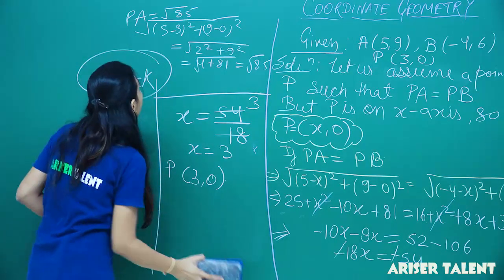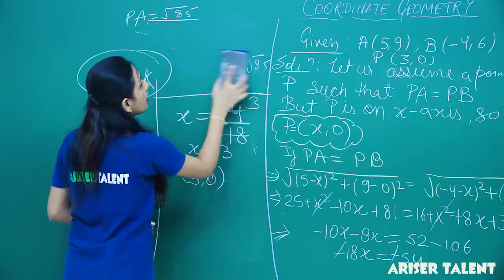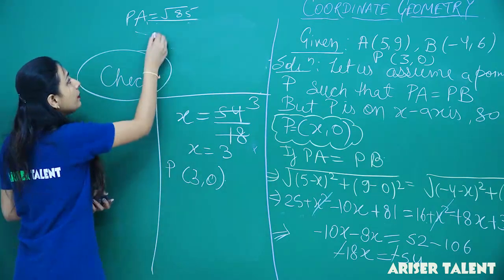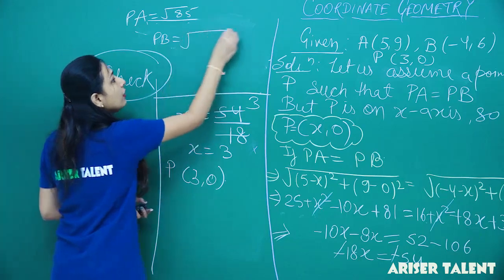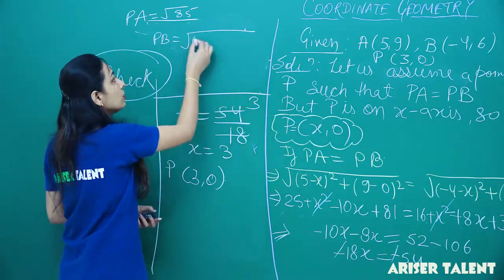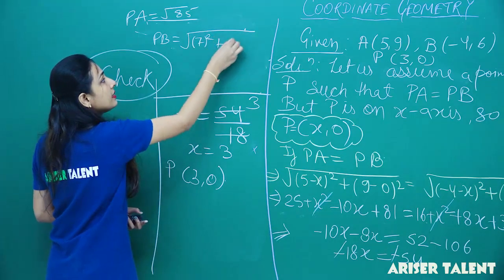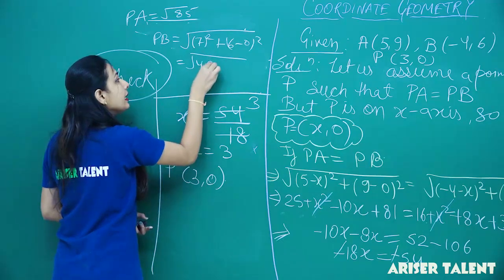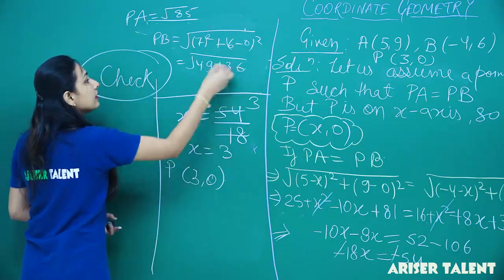Now if we talk about PB, PB will be what? PB is 3 minus 4, so 7 square plus 6 minus 0 square. So that will be 49 and that will be 36.